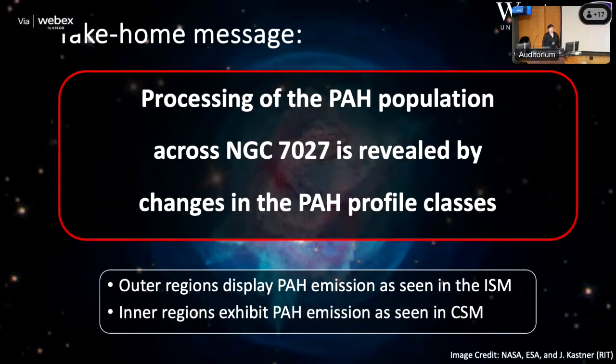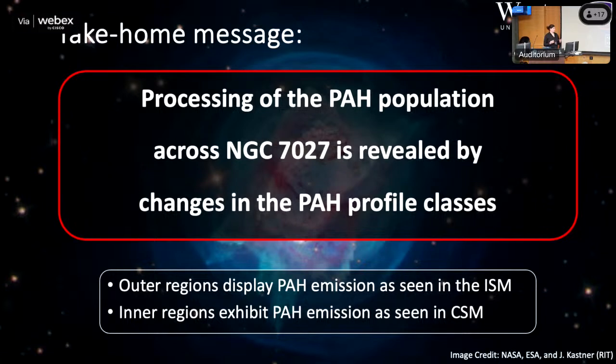So to conclude, the processing of the PAH population across NGC 7027 is revealed by changes in the PAH profile classes. This is the first time that we've seen clearly two classes on both extremes within the same source. In the outer regions, the PAH emission is the emission that we see in the interstellar medium, whereas the inner regions exhibit PAH emission that we see within the circumstellar medium.